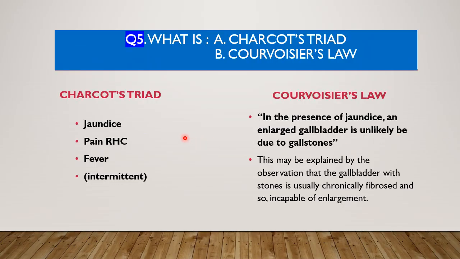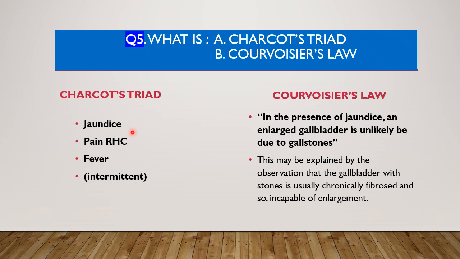Okay, next question 5. What is Charcot's triad and what is Courvoisier's law? Okay, Charcot's triad is a triad consisting of jaundice, pain in the right hypochondrium, and fever. And this fever is classically associated with chills and rigors. These three together are known as Charcot's triad, which is a diagnostic feature of cholangitis.